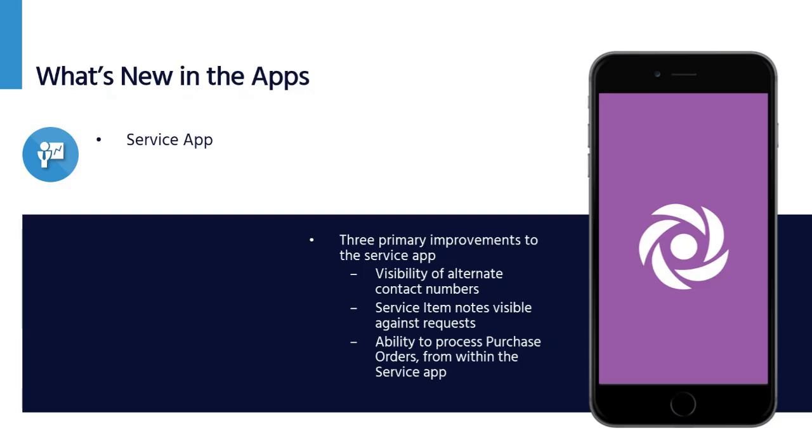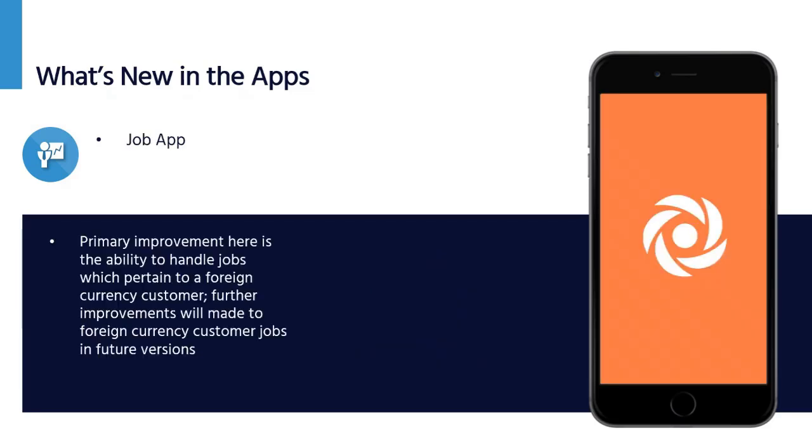The service item notes are now visible against the requests, and it's also possible to process purchase orders from within the service app, similar to the functionality that's in the job app. Speaking of the job app, the main thing we've done here is enable jobs that relate to foreign currency customers to be performed within the job app.